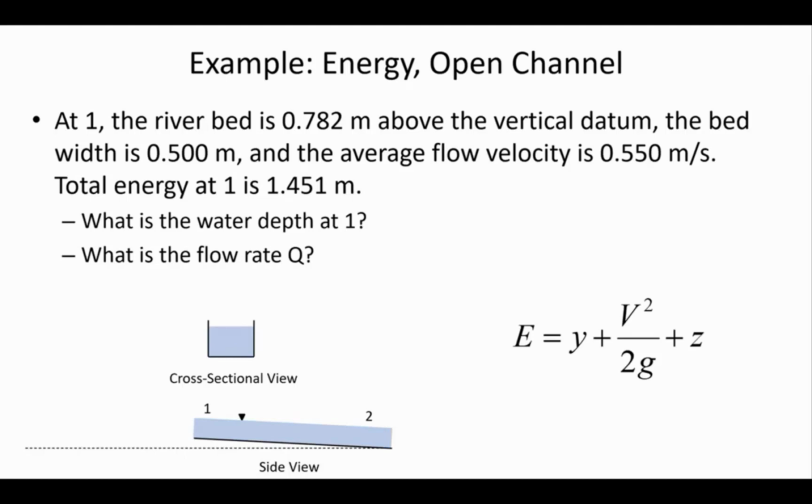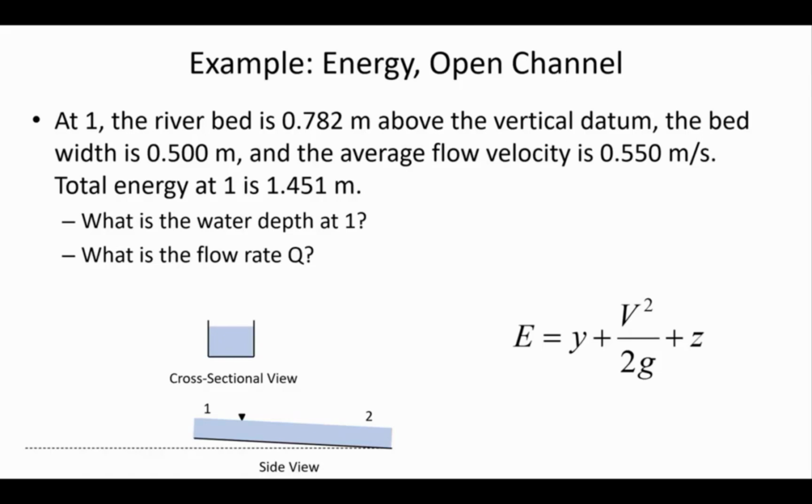We know the elevation of the riverbed is 0.782 meters above the vertical datum. We know the width of the channel is 0.5 meters, and it looks like it's a rectangular channel. And then the average velocity is 0.55 meters per second, and then we know the total energy.